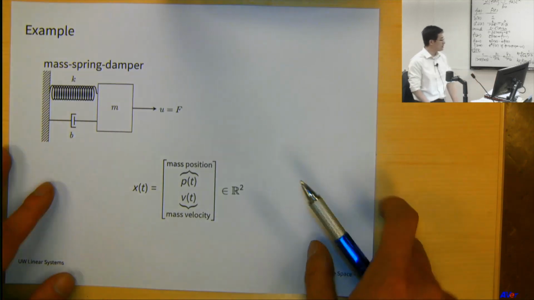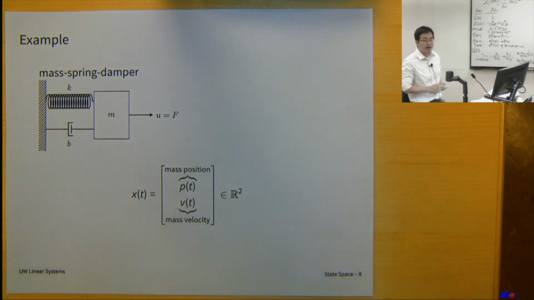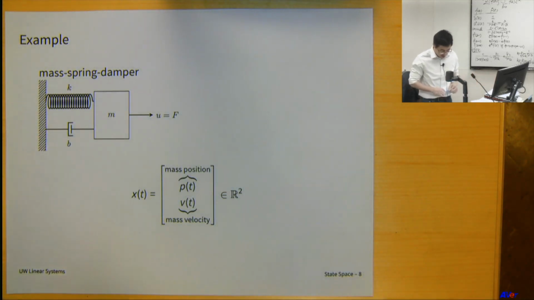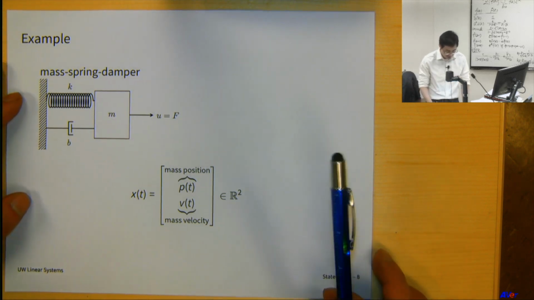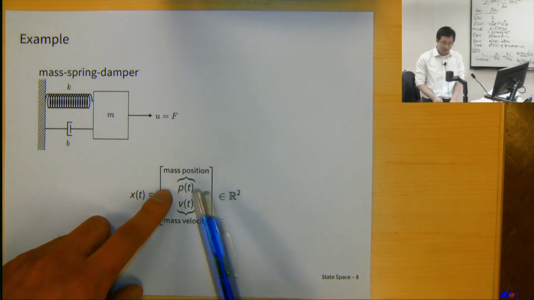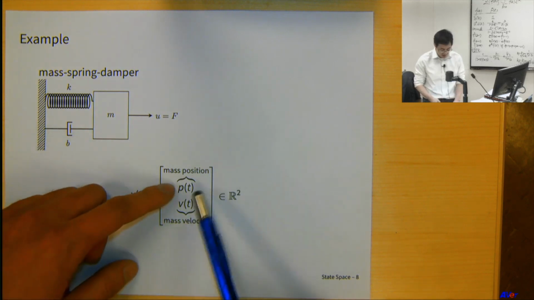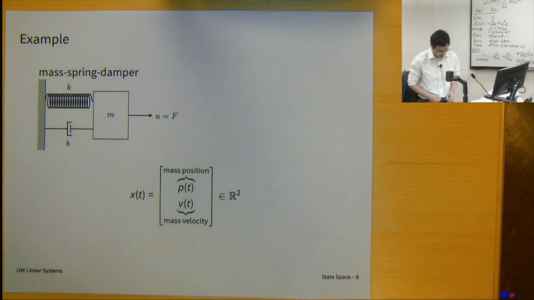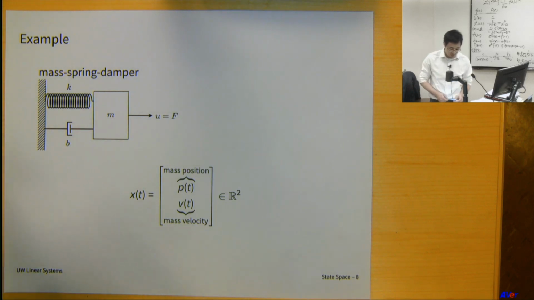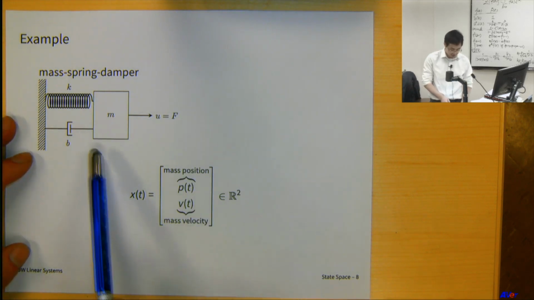So let's talk about this example and derive the state space description of the mass spring damper. We already talked about the states are position, velocity. Let's say the position is p, velocity is v. And we want to write out the model of the system.